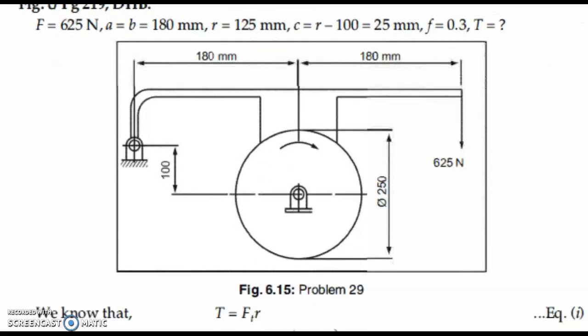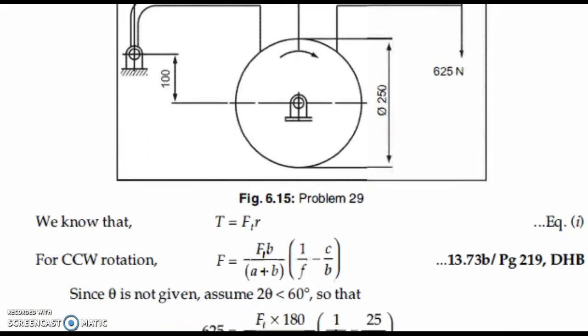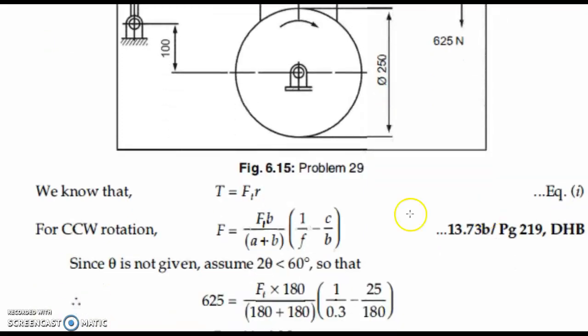Using the equation we already studied, T is equal to Ft into R. And F is equal to Ft into B divided by A plus B, into 1 divided by mu minus C divided by B. In our data book they use the coefficient of friction mu.